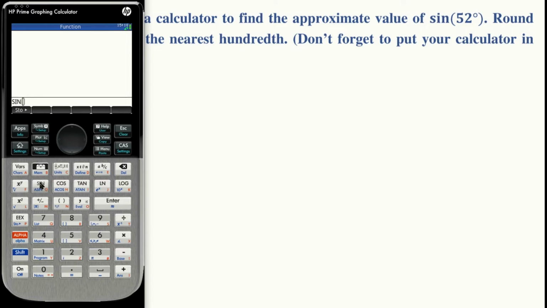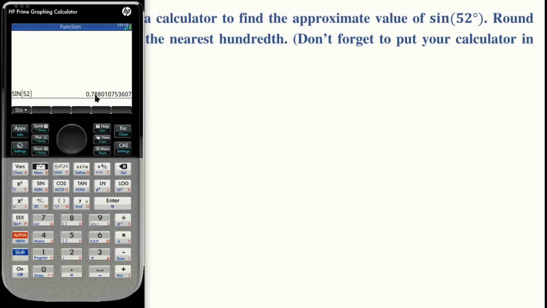So we're going to calculate the sine of 52. We don't need to use any kind of degree symbol or anything. It's already in degree mode, so it's going to interpret that as 52 degrees. And there we see the answer. Now, we do want to round it to the nearest hundredths. So to the nearest hundredths, of course, it'll be 0.79 because after the hundredths digit there's an 8, so we need to round up.